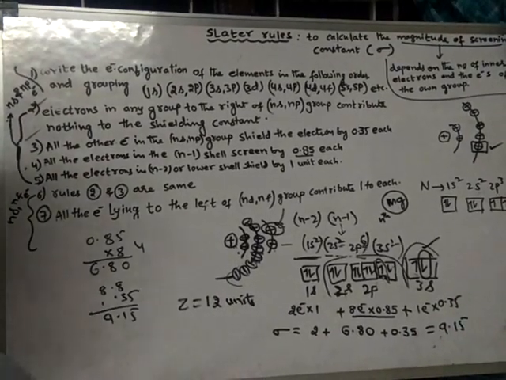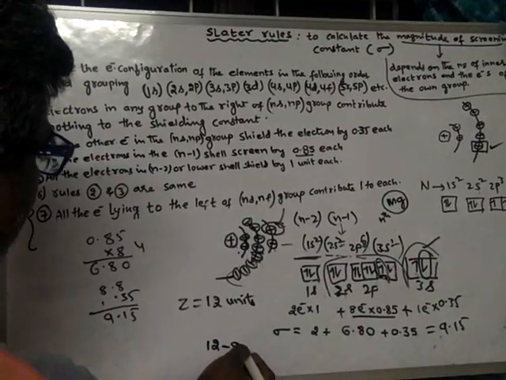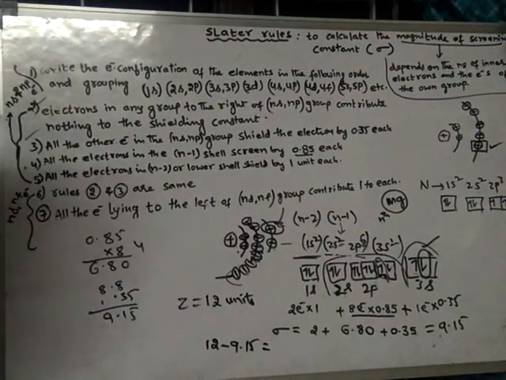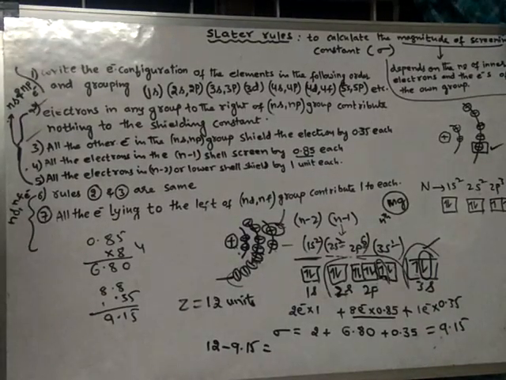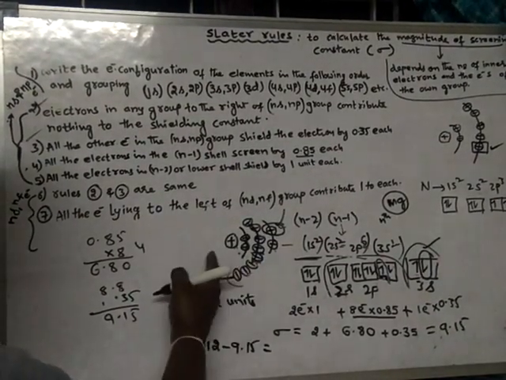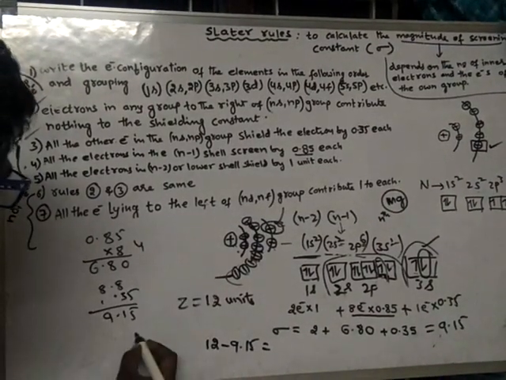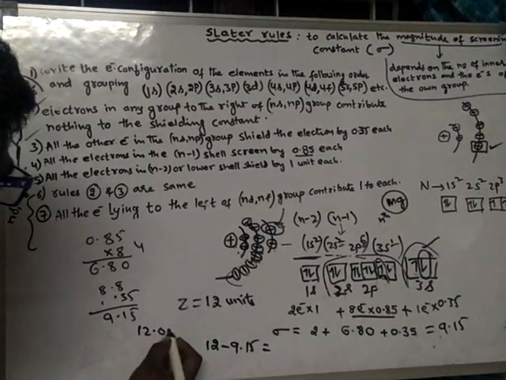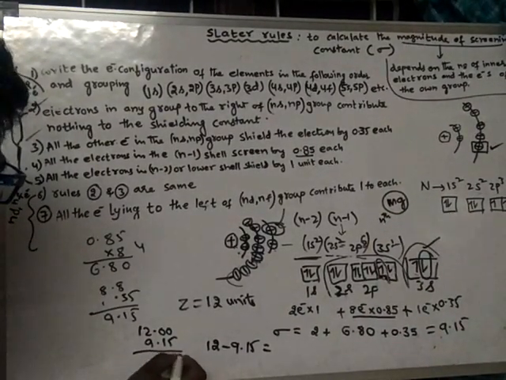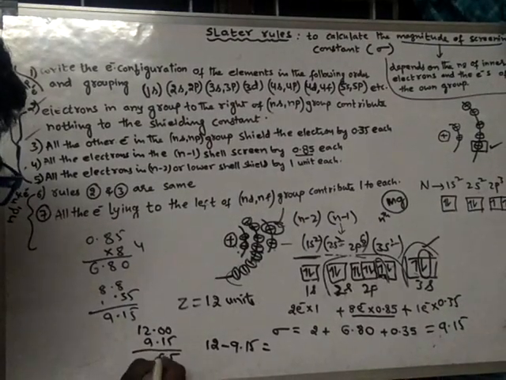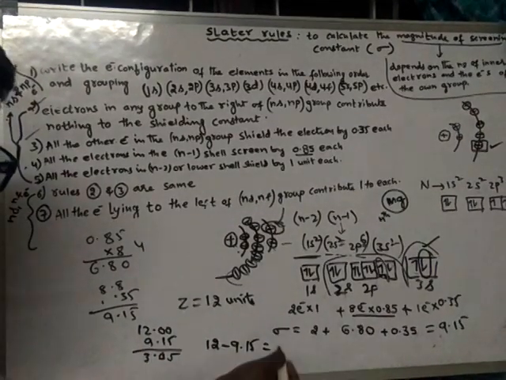So upon removing 9.15, what will be the net, or resultant, force of attraction left over on this electron by the nucleus? 12 minus 9.15, which is 3.05.